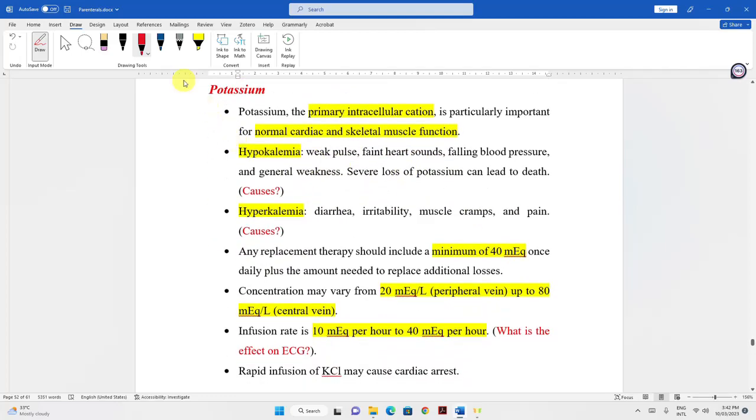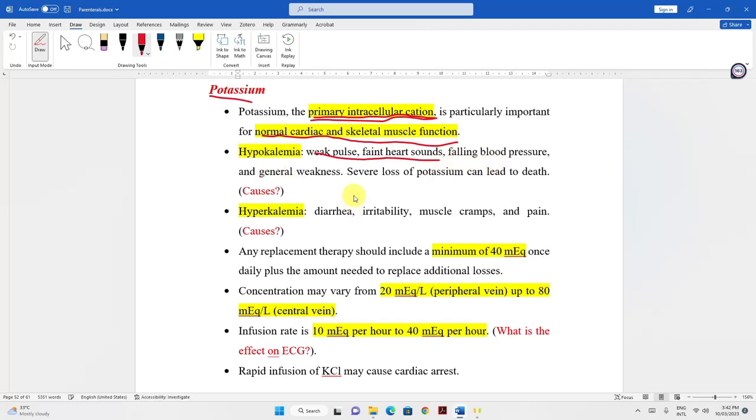For electrolytes, you need to know that potassium is very important because it's the primary intracellular cation. It can influence the normal cardiac and skeletal muscle functions. With hypokalemia, meaning little potassium, you will see weak pulse, faint heart sounds, falling blood pressure, general weakness.